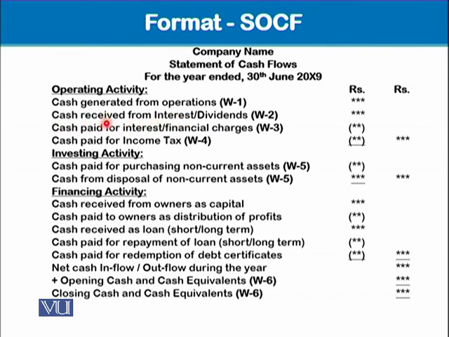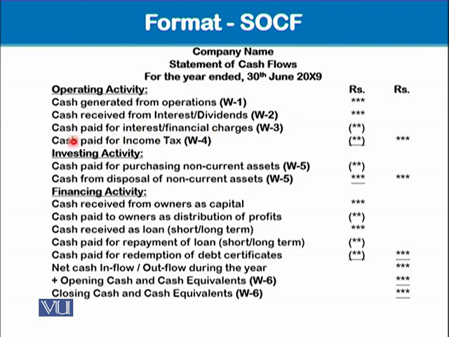Remember, in the statement of cash flows, we only show cash received and cash paid, whereas the income statement was prepared on accrual basis, so cash paid or cash received was not part of it; incomes and expenses were worked out and presented there.